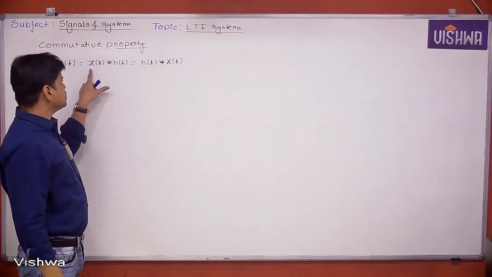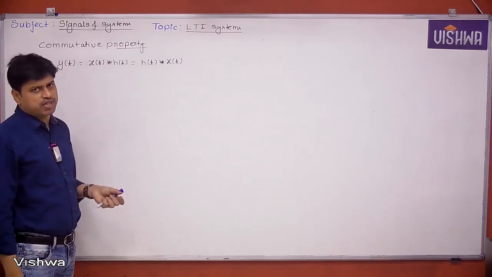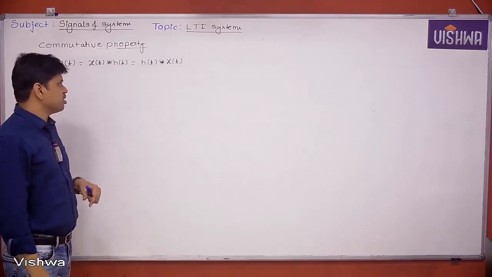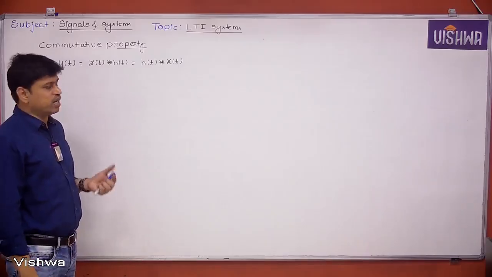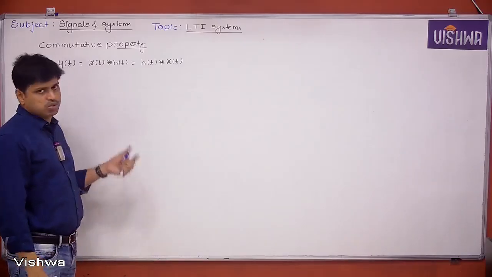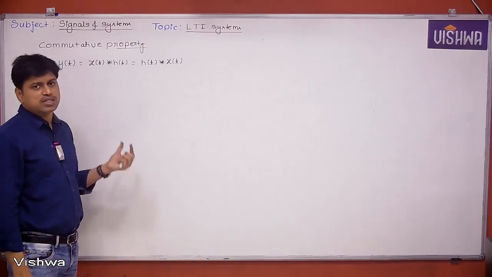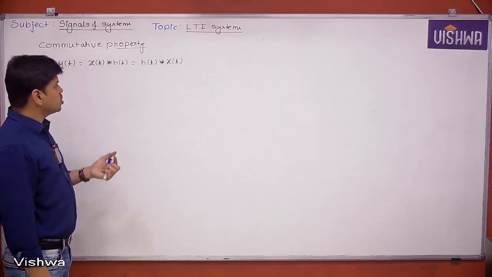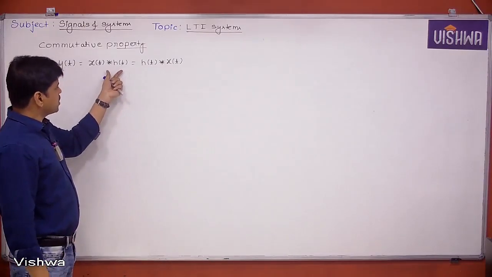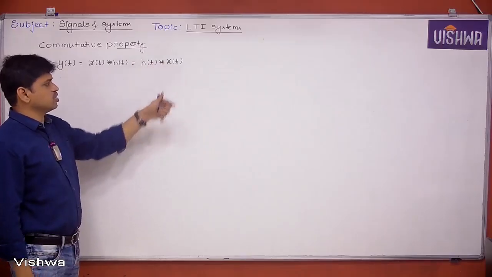If you interchange the system and signal, it won't make any difference, because this is simply a mathematical formula and cannot identify which one is a signal and which one is a system. Even if you take two signals, it still gives the result, because it is simply a mathematical operator. So remember, x of t convolution with h of t is also equal to h of t convolution with x of t.